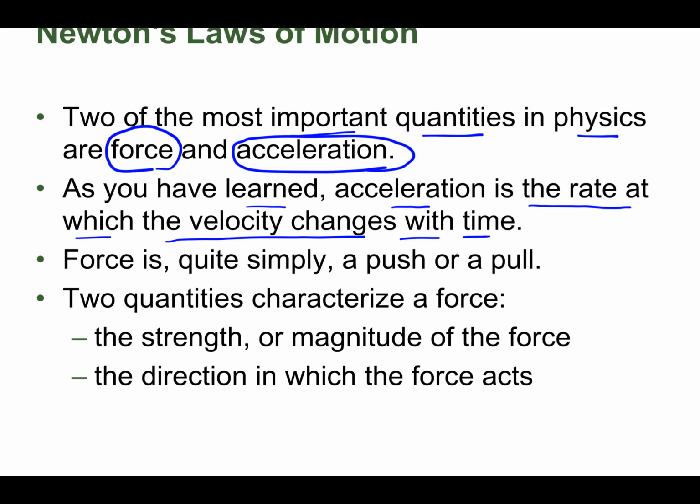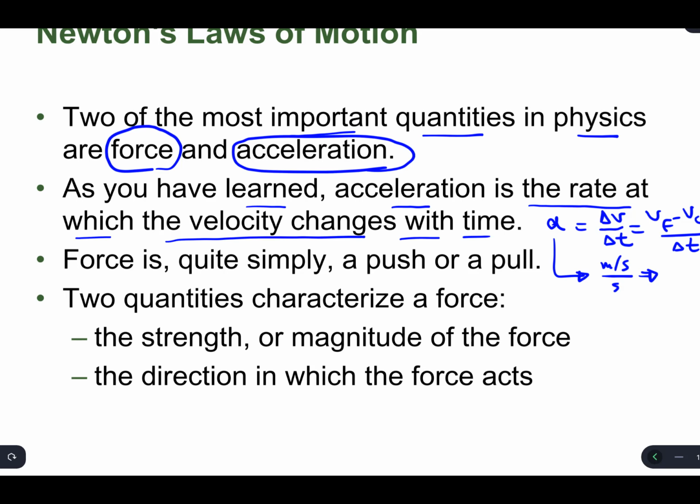So the symbol for acceleration, a, equals the change in velocity over time, or v final minus v initial over delta t, or t final minus t initial. The unit of a change in velocity is meter per second, and the unit of time is second, so the unit of acceleration is meter per second square. This is the unit of acceleration.